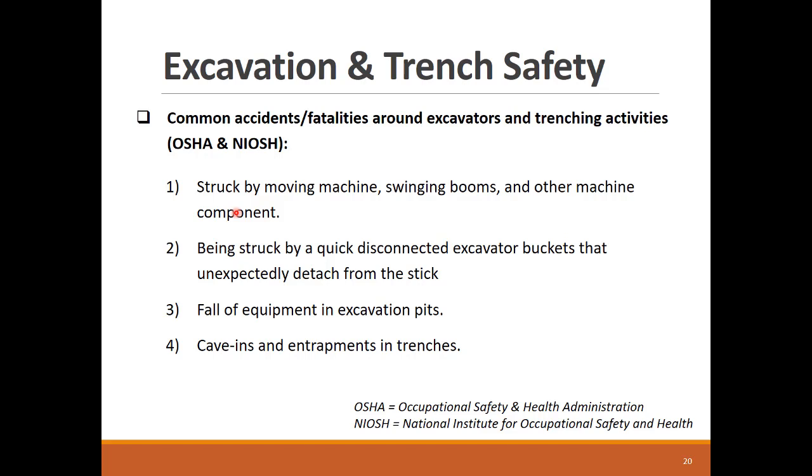This list is based on the safety data collected by OSHA, the Occupational Safety and Health Administration, and NIOSH, the National Institute for Occupational Safety and Health. Being struck by moving equipment or detached parts is the main safety hazard around excavators.